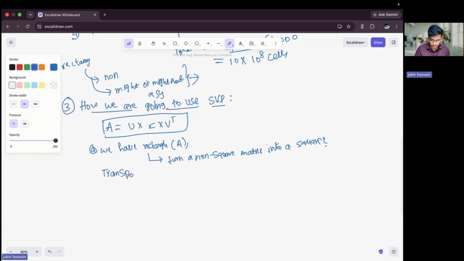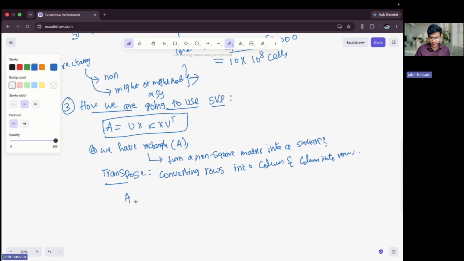So what is transpose? Transpose is nothing but converting rows into columns and columns into rows. Here, how do we represent transpose?